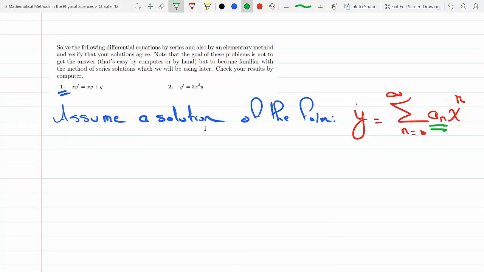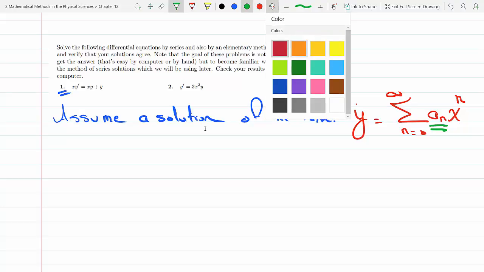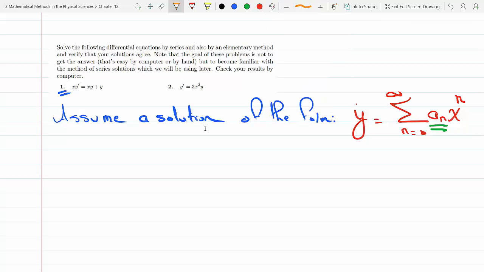However, if I plug it in, there's a y prime in there, so I'm supposed to first find what y prime is. So I differentiate this series, and these are the same rules of differentiation. a_n is constant and I bring the n down, so this becomes n a_n x to the n minus 1. However, when n is 0, the first term is a constant, because x to the 0 is 1.